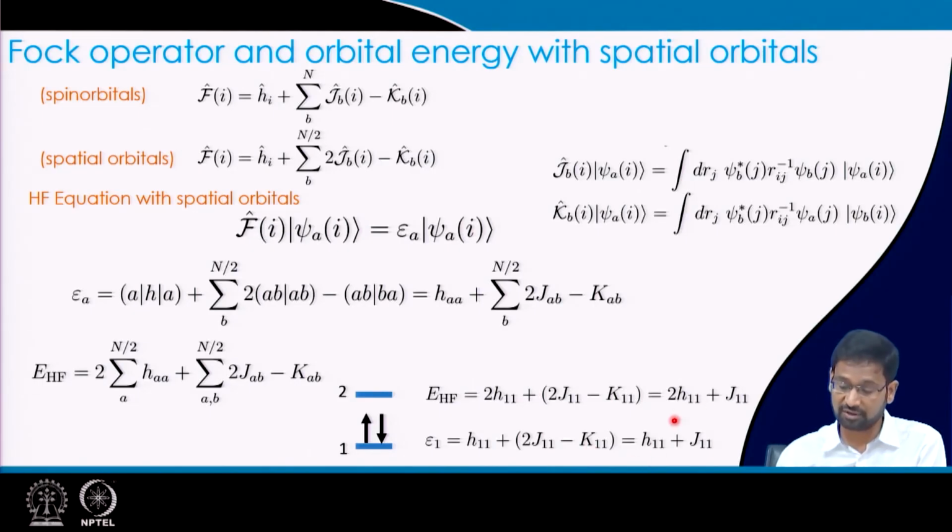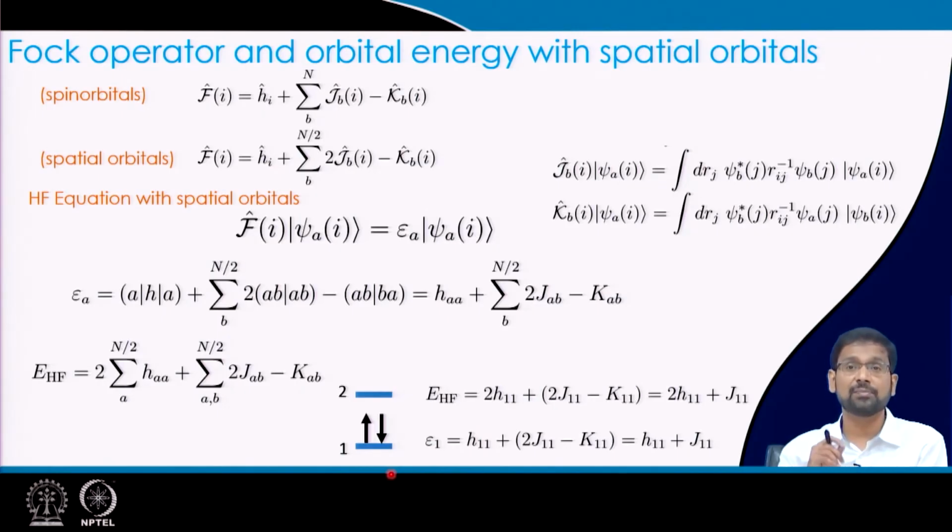What is the difference? When I am looking at this orbital energy, I am only considering the energy of one electron. That is H11, its core energy, plus its interaction energy with the other electron. If I had considered the other electron also, that would also have given me the same value, because both electrons are occupying the same orbital. So this epsilon 1 is actually the orbital energy.